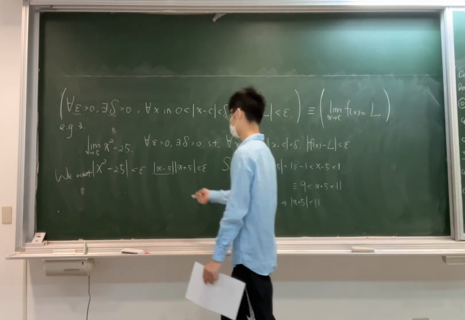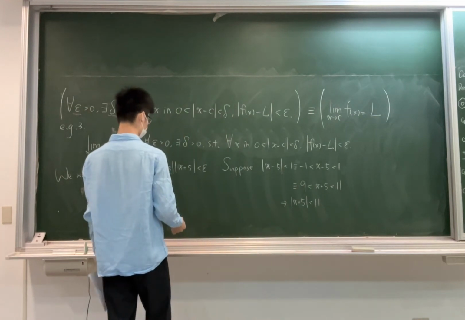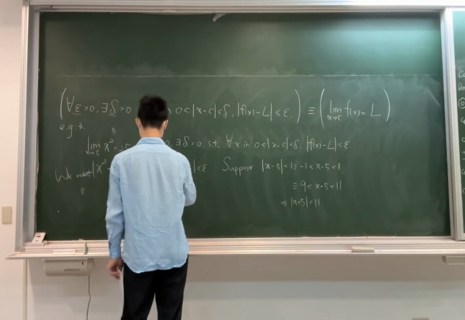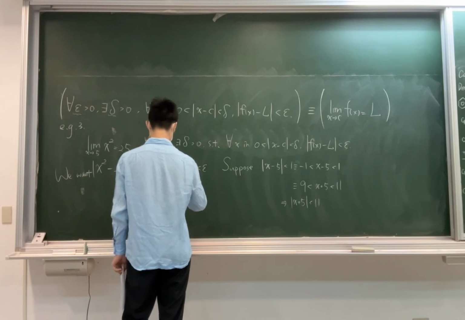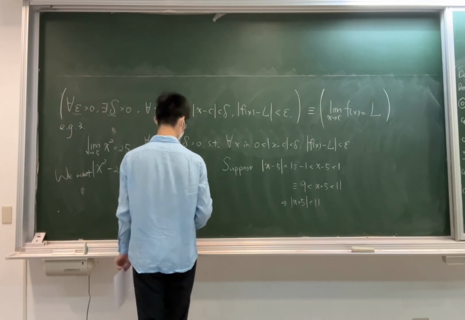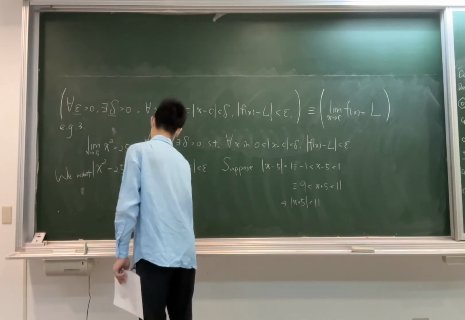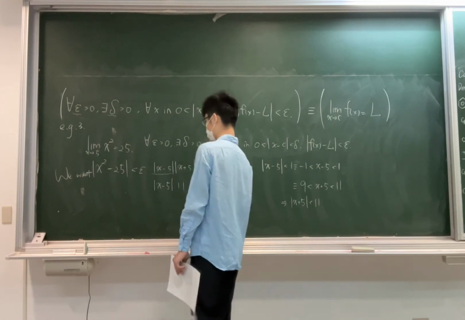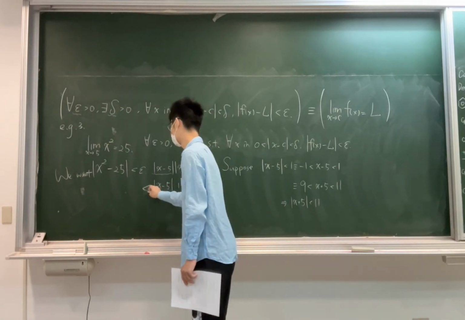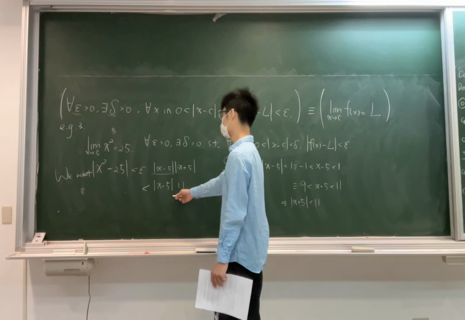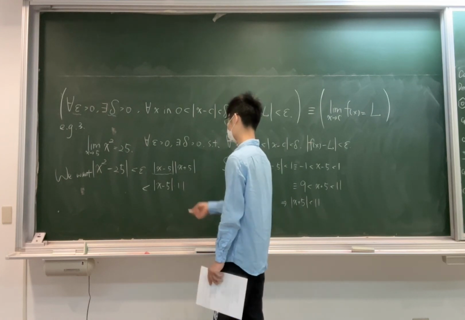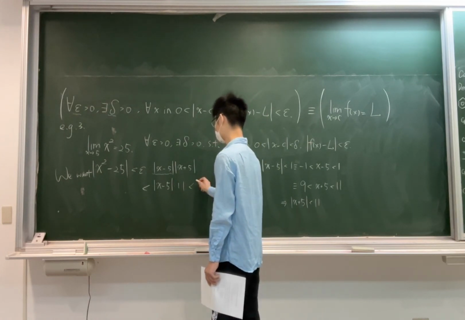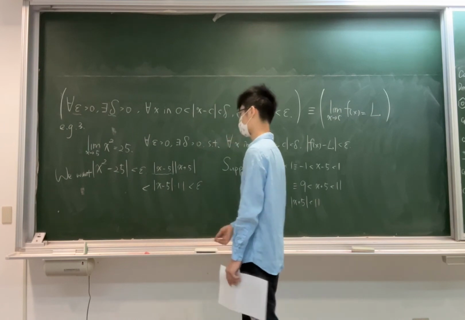So we can go back to here, then we have the absolute value of x minus 5 times 11. Here it's less than x minus 5 times 11. Okay, then we want it to be less than epsilon.